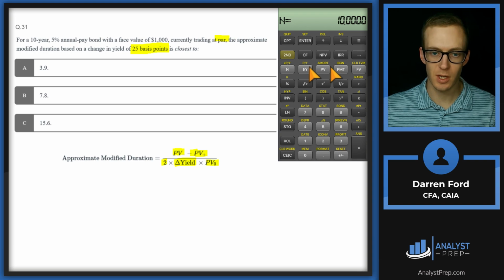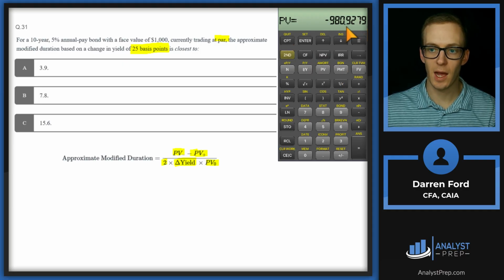Since we're trading at par, that implies our yield right now is also 5%. So we're going to do 5.25% under the increase scenario. Payment will be 5% times 1,000, which is 50, and future value will be 1,000.